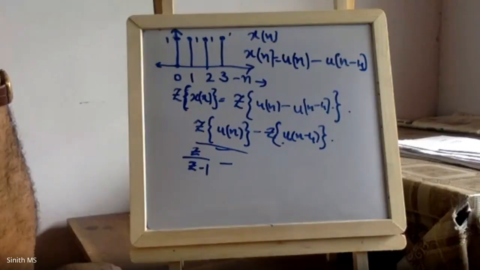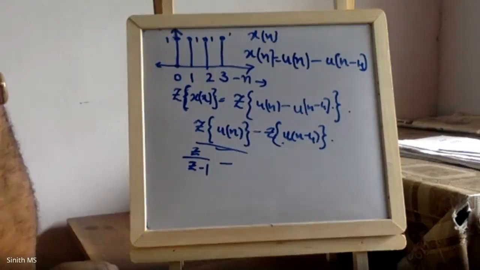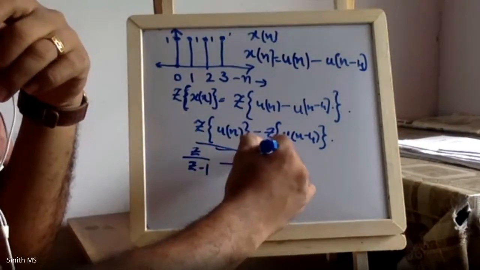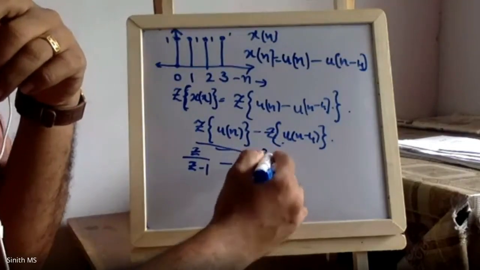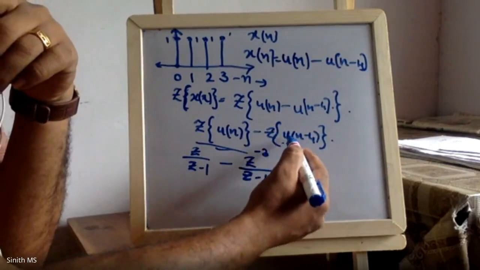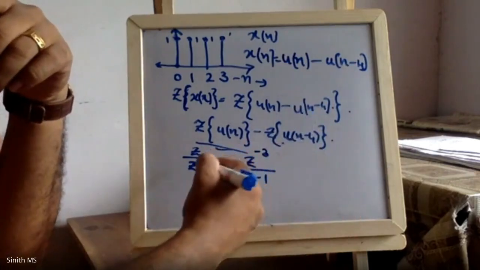z raised to minus 3 by z minus 1. z raised to minus 4 by, z raised to minus 3 into z by z minus 1. z raised to minus 4 into z means it is z raised to minus 3 itself, correct? By z minus 1. How do you get it? UN has a Z transform z by z minus 1.